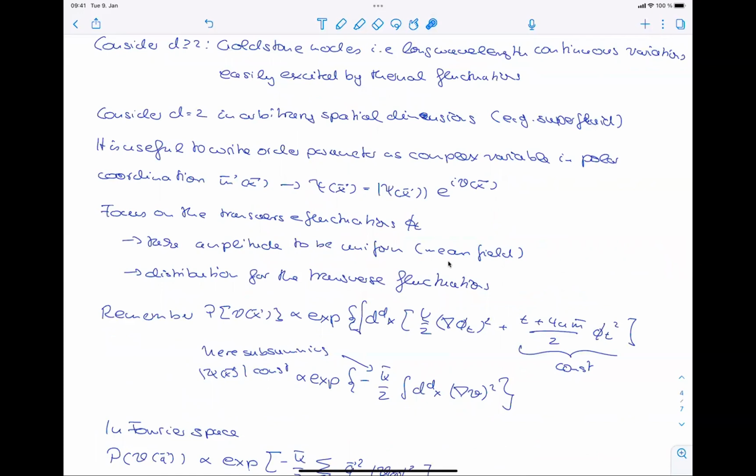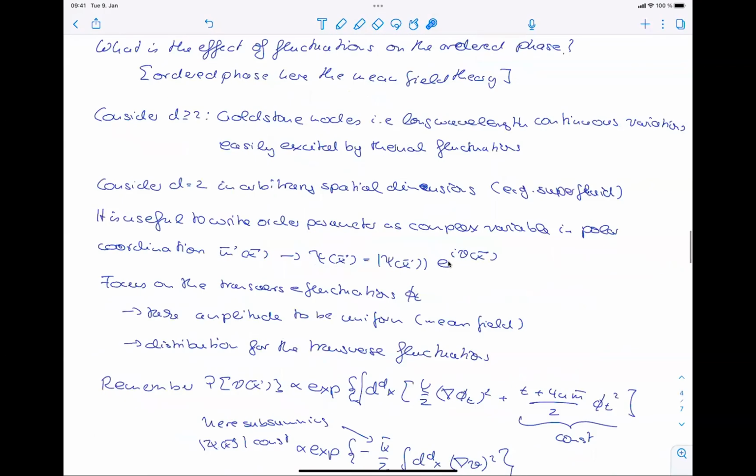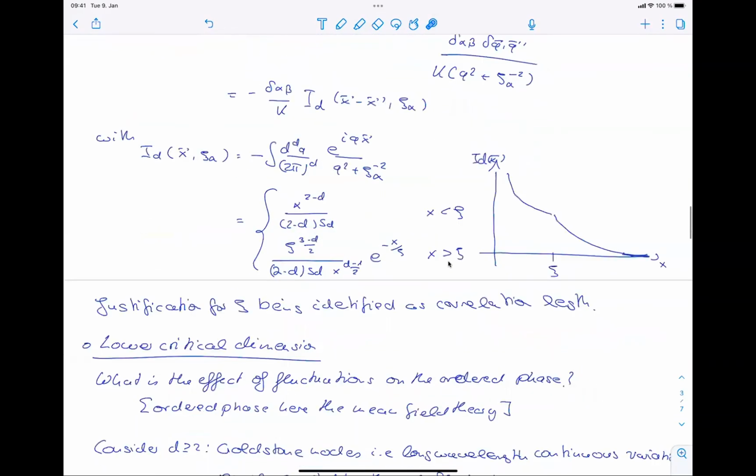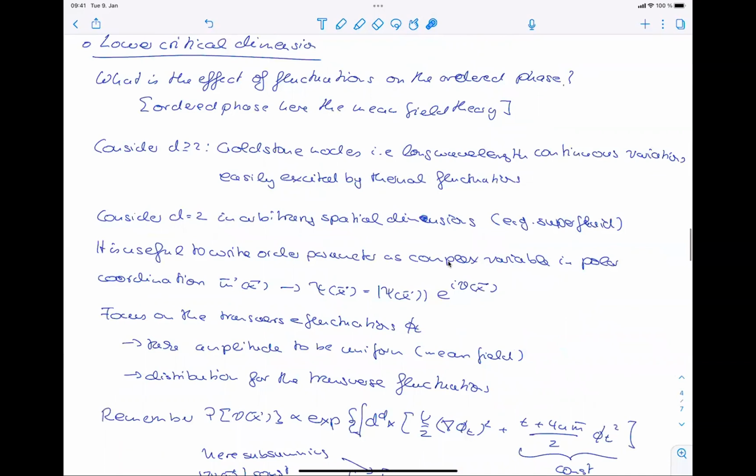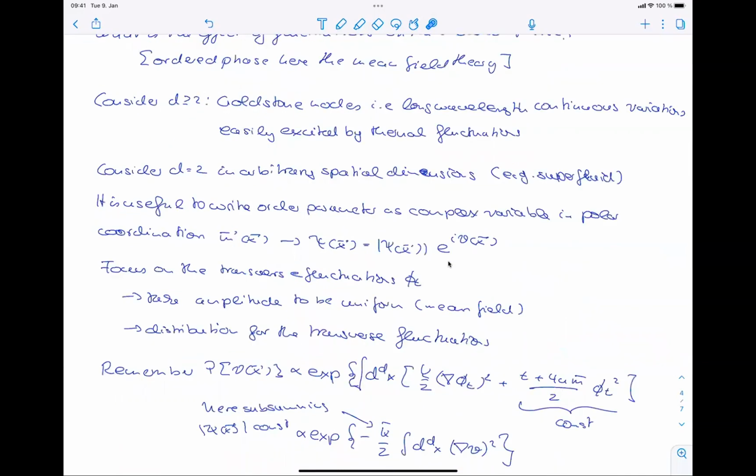The Goldstone modes being a superposition of 2 transversal modes, right? Because we wrote transversal and longitudinal, no, it's just transversal. The longitudinal would be along the axis, like the speed of sound, like variations like that. And transversal is in d dimensions.